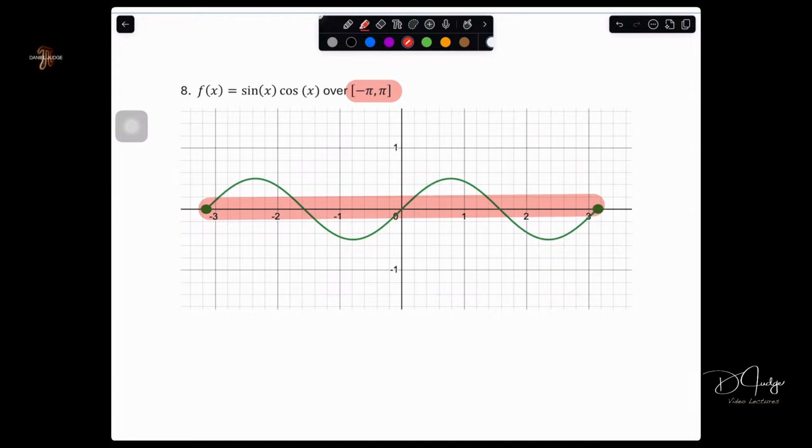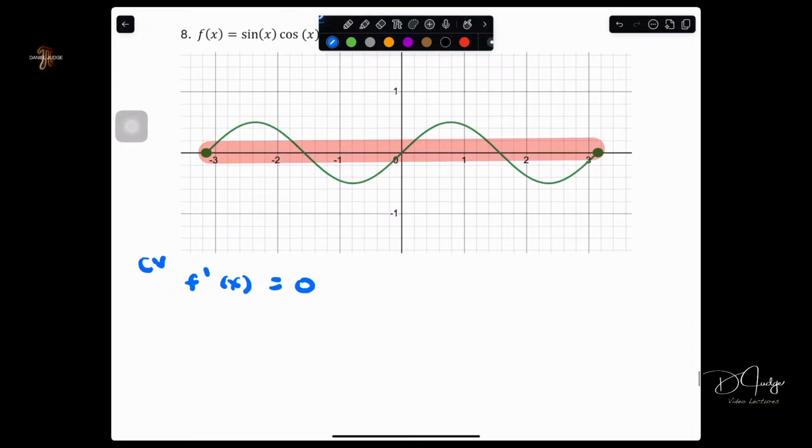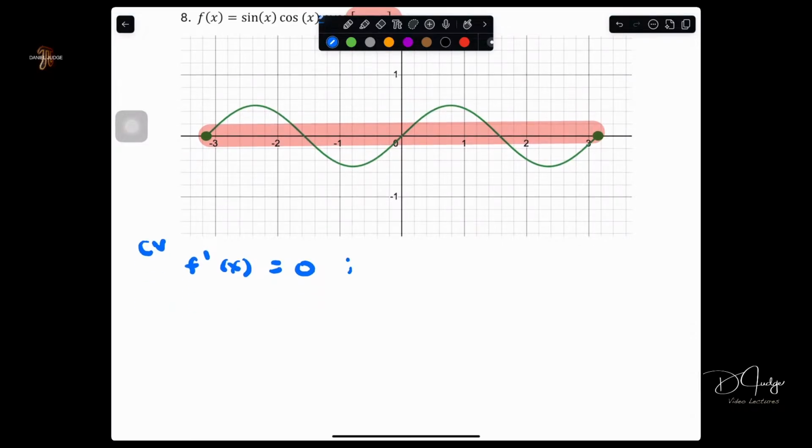This is closed interval method. We're going to find our critical values. So differentiate sine times cosine and set that equal to 0 here.